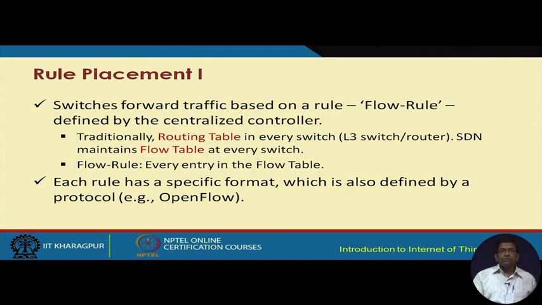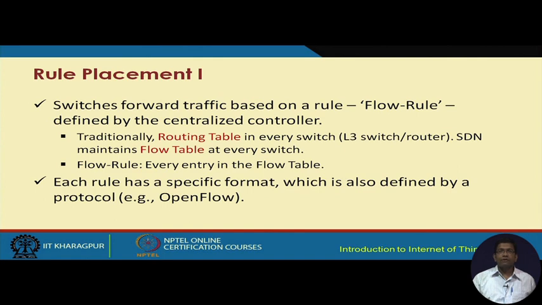These switches in the network forward the traffic based on these flow rules, and these flow rules are defined by the centralized controller. This controller, as we can recall, does not exist in each of these individual switches. The controller is centralized and separated out, typically implemented as a server.